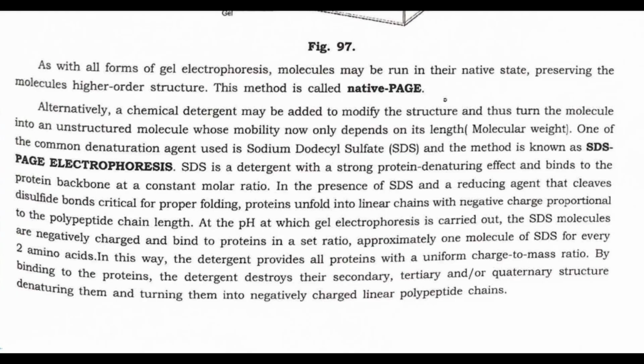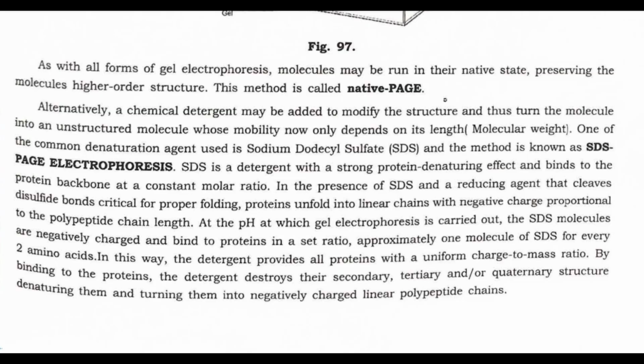At the pH at which gel electrophoresis is carried out, the SDS molecules are negatively charged and bind to proteins in a set ratio, approximately 1 molecule of SDS for every 2 amino acids. In this way, the detergent provides all proteins with a uniform charge to mass ratio.